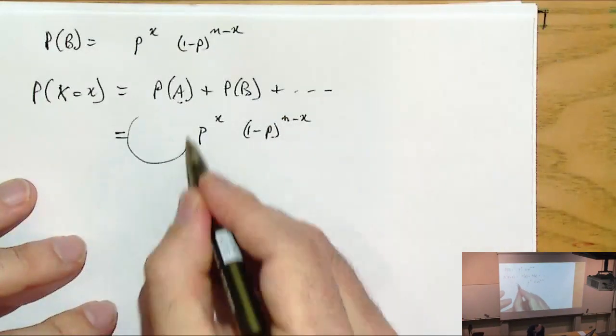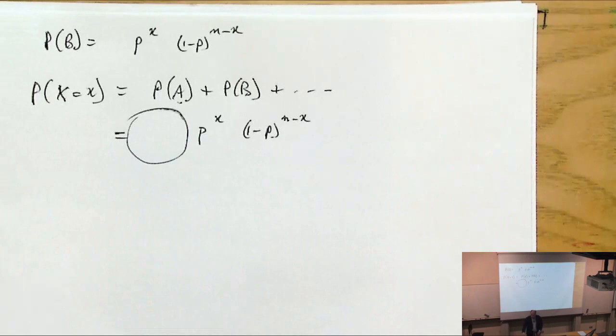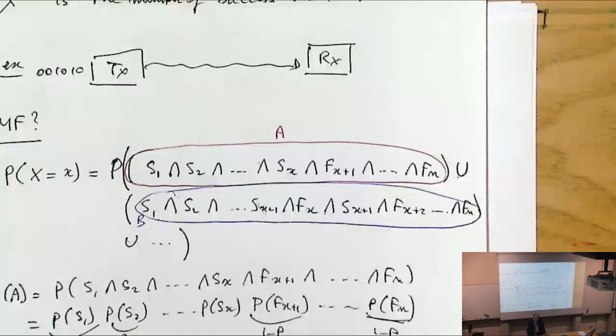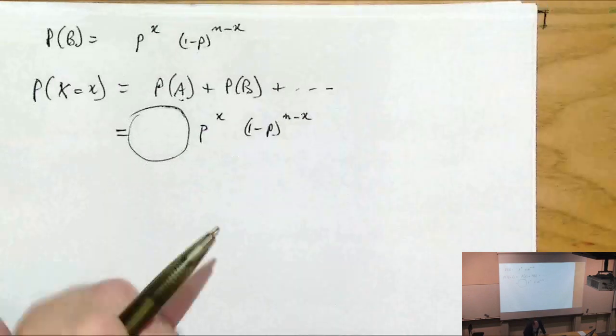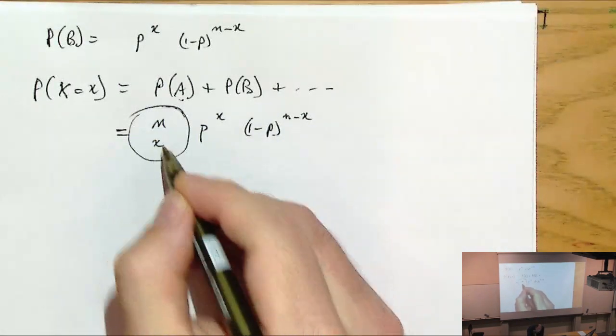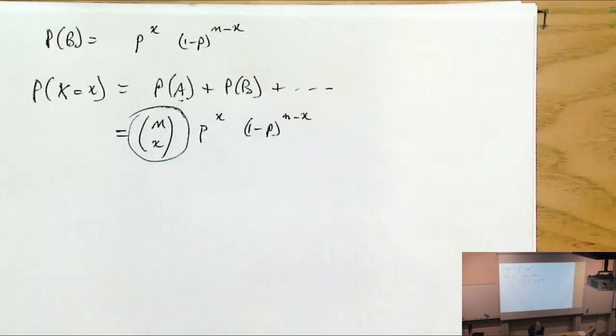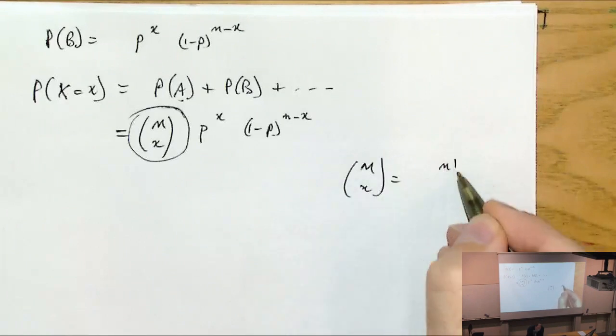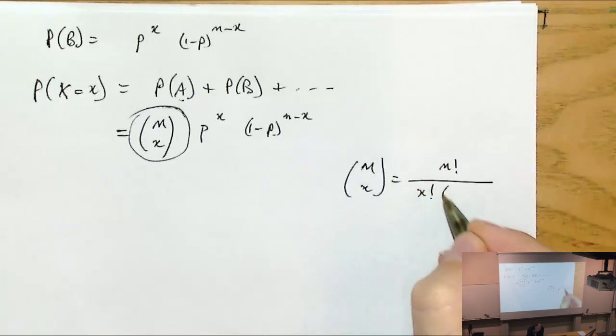And now I have a term here, which is essentially the number of events I have in this union. This is a combinatorics result, and it's equal to n choose x. This is something you probably have seen in A level. And n choose x is n factorial divided by x factorial times n minus x factorial.